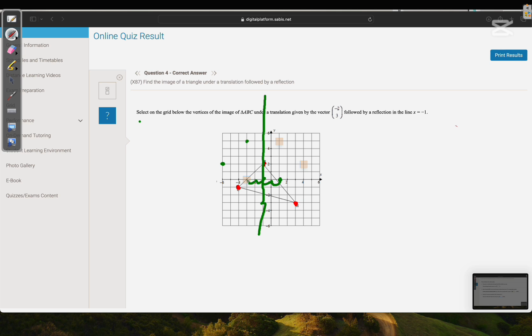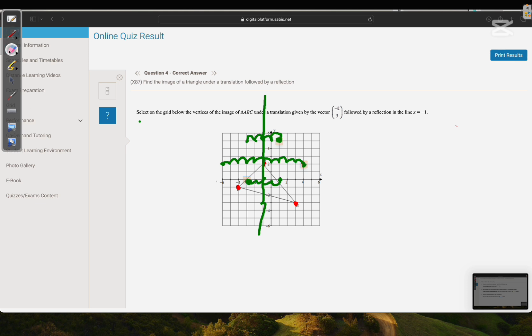So that means we have to move 2 units in the same direction. 1, 2. So A prime is here. Same applies to B prime and C prime. B prime, 1, 2, then we move it 2 more units. B prime would be here, and then C prime 1, 2, 3, 4, 5, and then we move 5 more units in the same direction, 1, 2, 3, 4, 5 here.